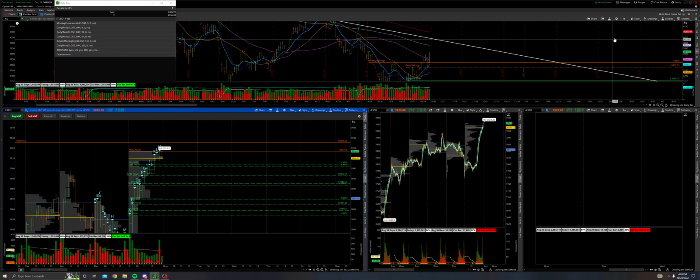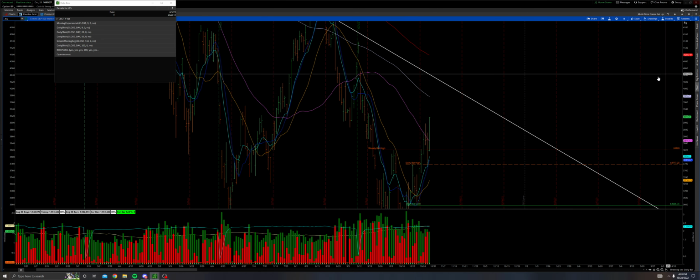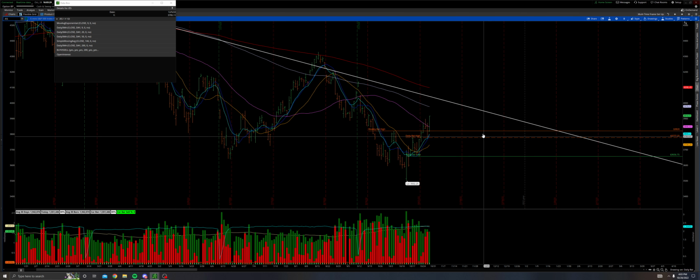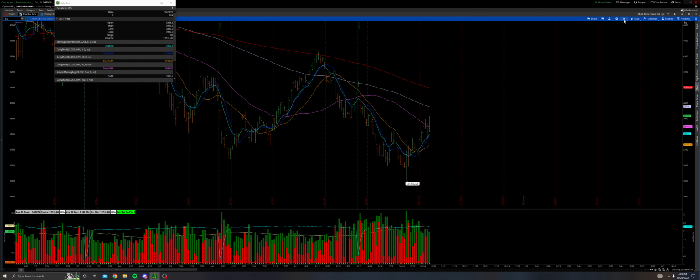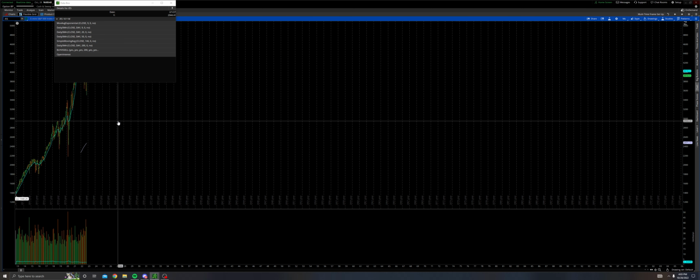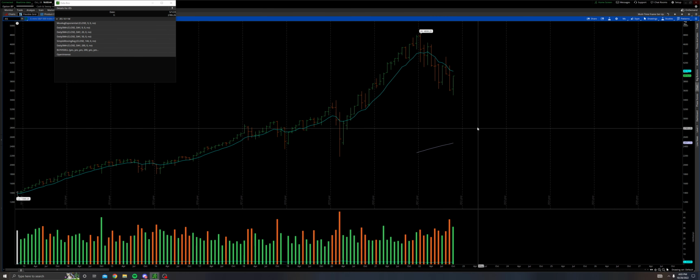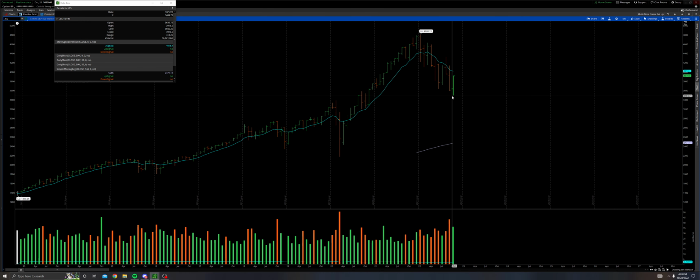Now let's go over our larger time frames here. Let's go over some stuff. So let's go default. Let's look at our monthly. Why is my monthly not on here? Here's the monthly. Monthly still one time frame down.